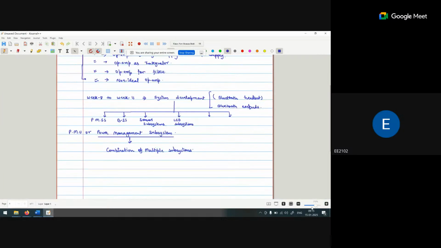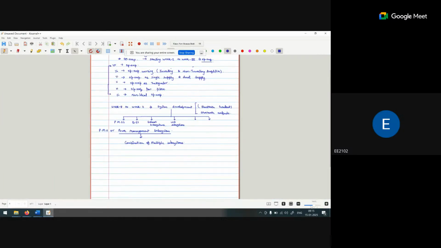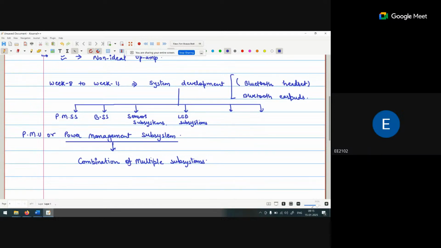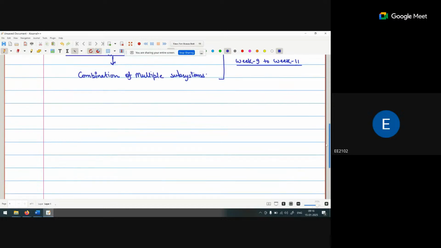So we go through this power management subsystem in week 9 to week 11. This is the complete course outline from week 1 to week 11. If you have any doubt, you can ask me.